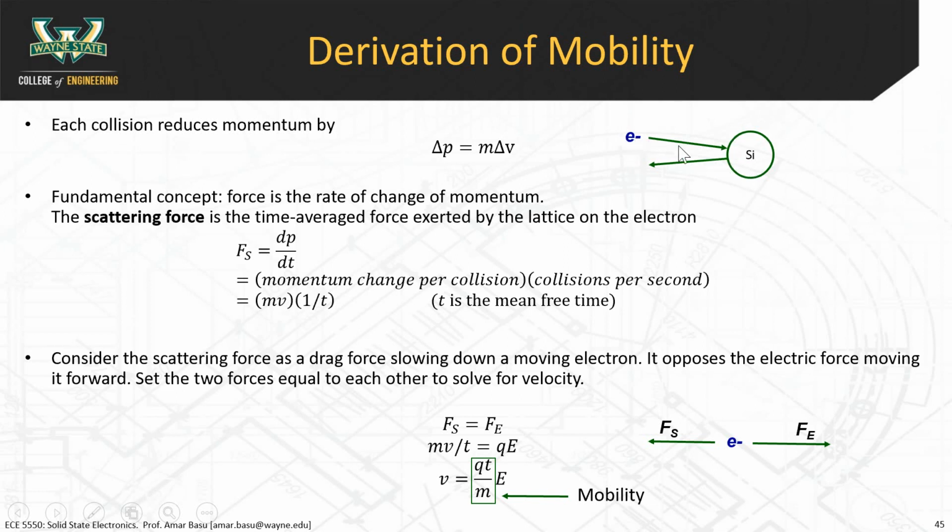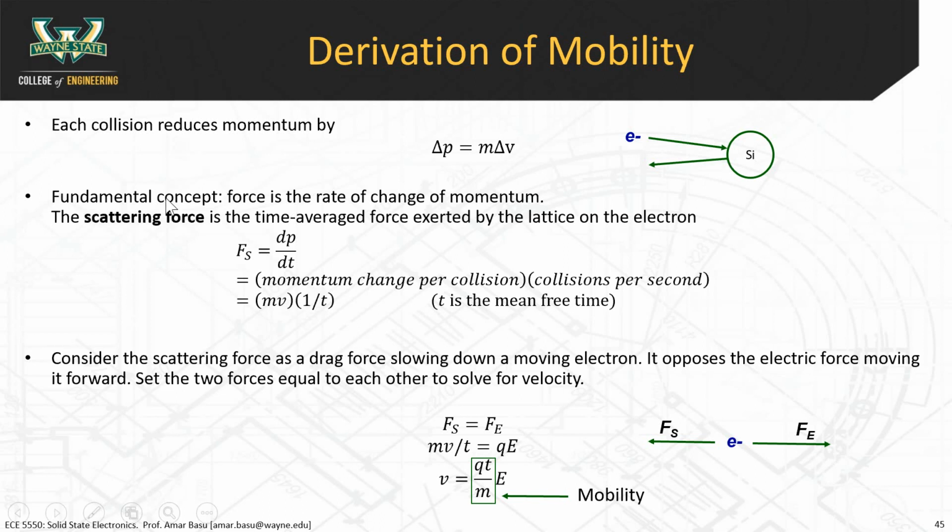So the electron bumps into that, and it changes the momentum. The change in momentum is equal to the mass times the change in velocity, because P equals mv, momentum equals mass times velocity. So the change in momentum, delta P, is equal to the mass times the change in velocity. That's what happens in one collision. The fundamental concept here is that the force is the rate of change of momentum.